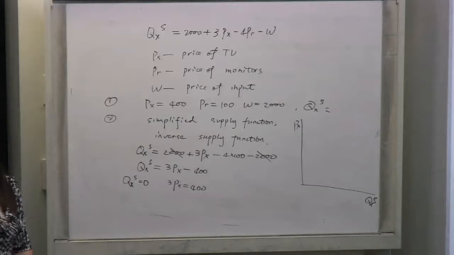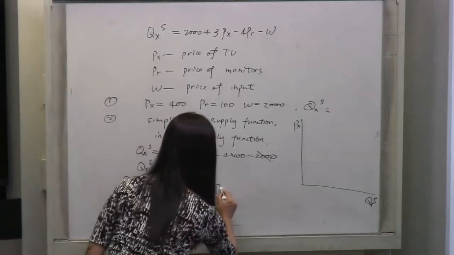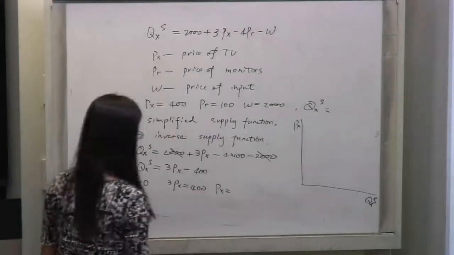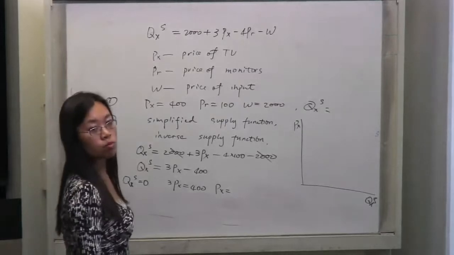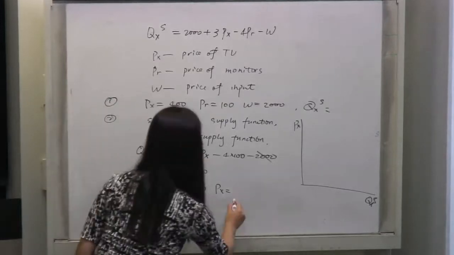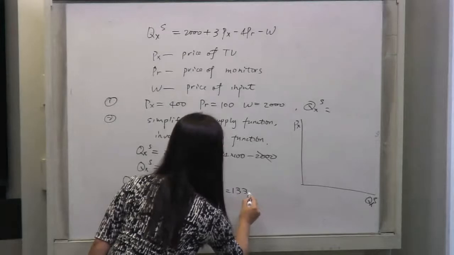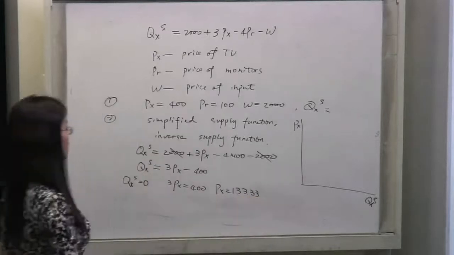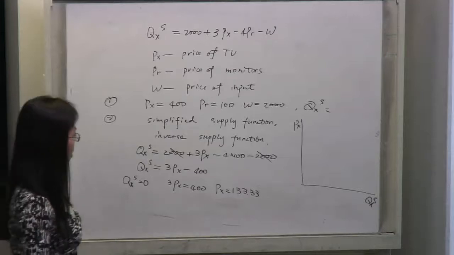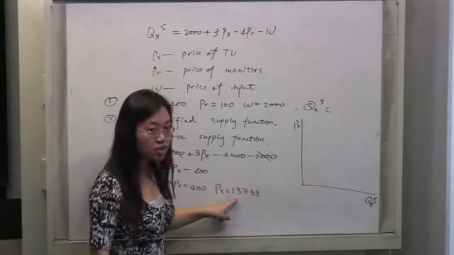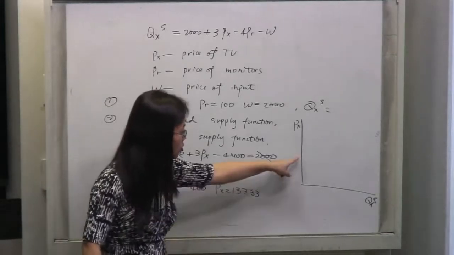Following me here? Okay, then what is PX equal to? 133.33? That should be right. So this number here is what we look for.